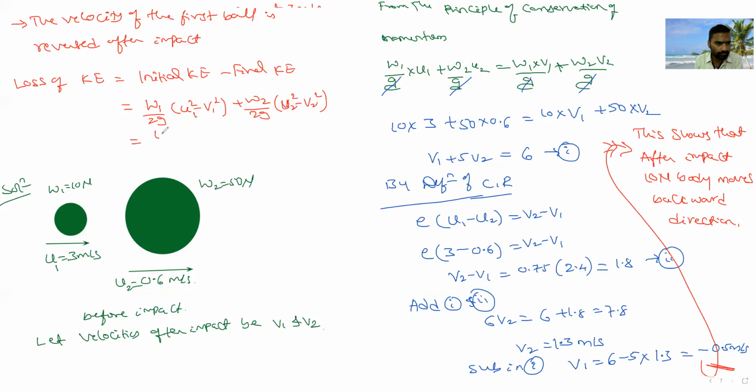W1 is 10 divided by 2 times 9.81 into u1 3 square minus v1 square. You determined v1 is equal to minus 0.5, so v1 square you have to write as minus of minus 6 plus 1.5 square, plus W2 is 50 divided by 2 times 9.81 into u2 is 0.6 square minus v2, which you have determined as 1.3 square.